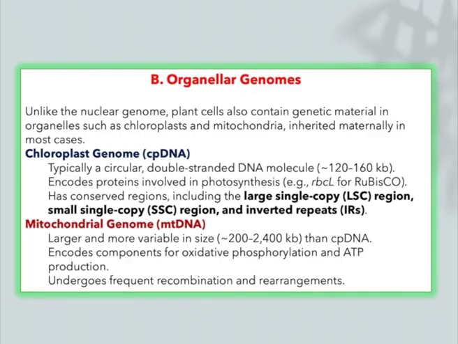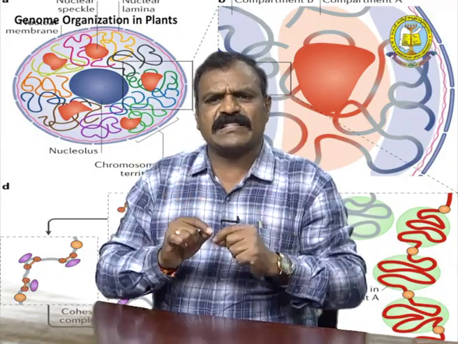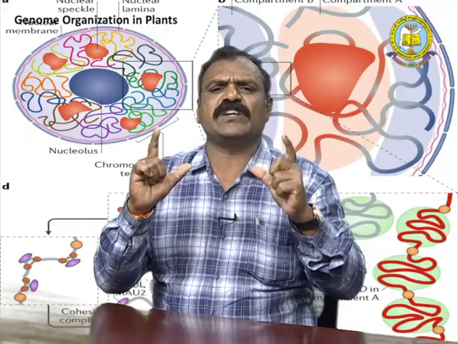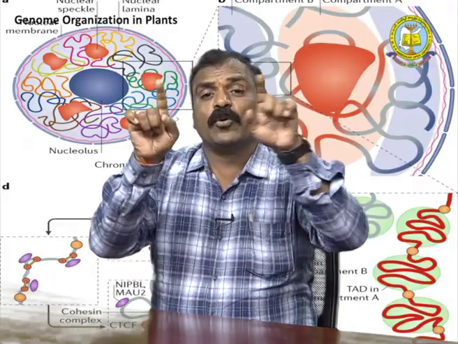Next, what are the organelle genomes? We discussed them in the previous slide. Here I am showing the chloroplast genome. Typically fewer genes are present compared to the nuclear genome. It is a double stranded circular DNA of 120 to 160 kb, and it encodes proteins involved in photosynthesis, especially ribulose 1,5-bisphosphate carboxylase oxygenase, an abundant enzyme present in the chloroplast.